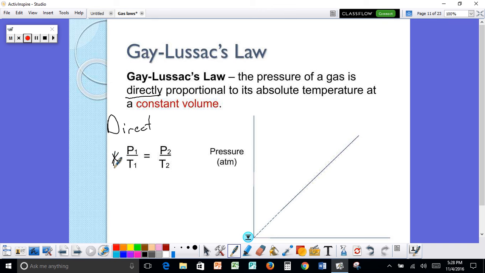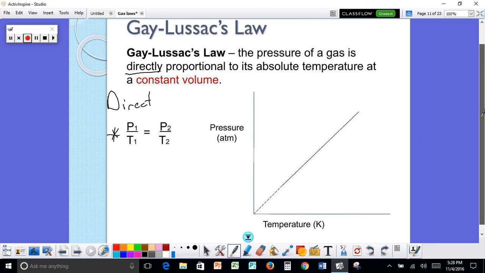This is the equation that we'd be using, and like Charles's law, the graph, when we look at pressure versus temperature, we would see a linear graph, and it's going to go up at a fixed slope.